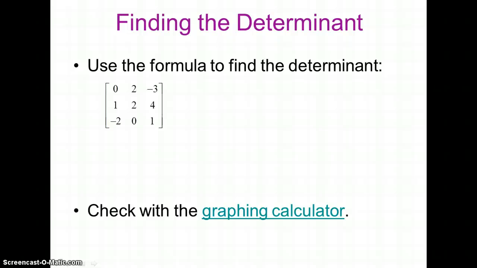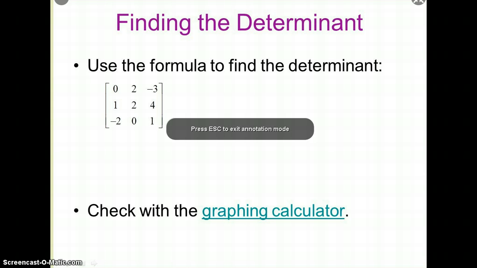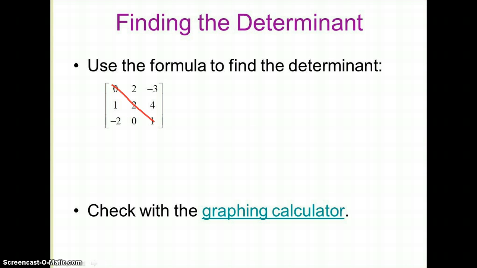Okay, so here is my matrix, and I'm going to find my determinant, and I'm going to start out again by going along the main diagonal. So what I want to do is take down the main diagonal, 0 times 2 times 1. Okay, well 0 times 2 times 1 is just simply going to give me a 0. So I'm going to write down a 0. Now I'm going to take care of my other diagonals going the same direction.